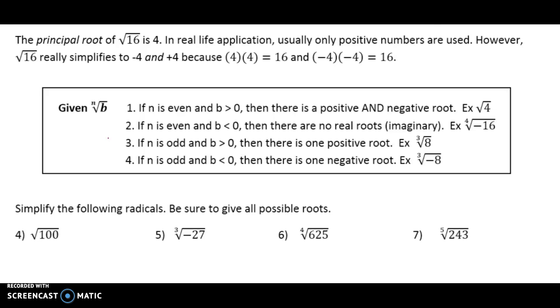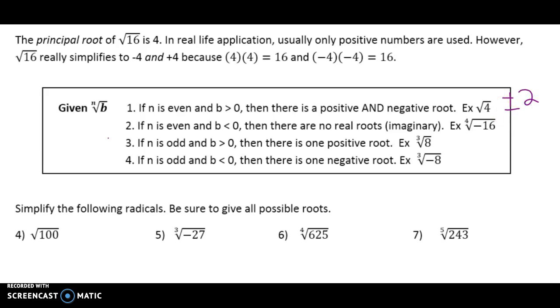So on number 1, what's the square root of 4? 2. 2 and negative 2. Now what if we said only give us the primary root? What's your answer? 2. So if you have an even root, you're going to have 2 answers. And they're going to be real for number 1, is what that's saying. Okay.